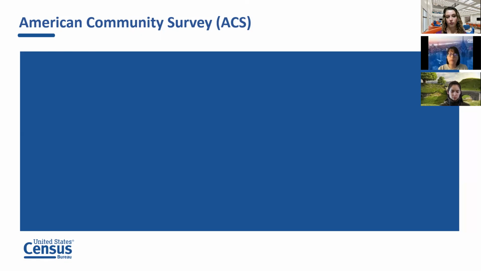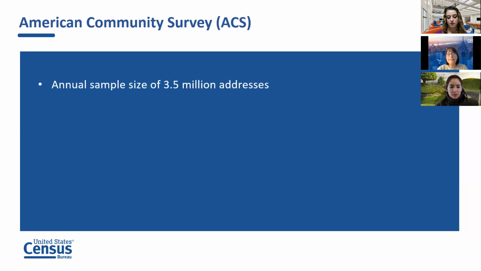That's the one that we release so much data from, and it's an important survey that we do. So this is a sample size. Well, the definition of a census is a 100% count. This is a survey, so it's a sample. Every year we randomly select 3.5 million addresses across the nation, from north to south, urban, rural, from everywhere.